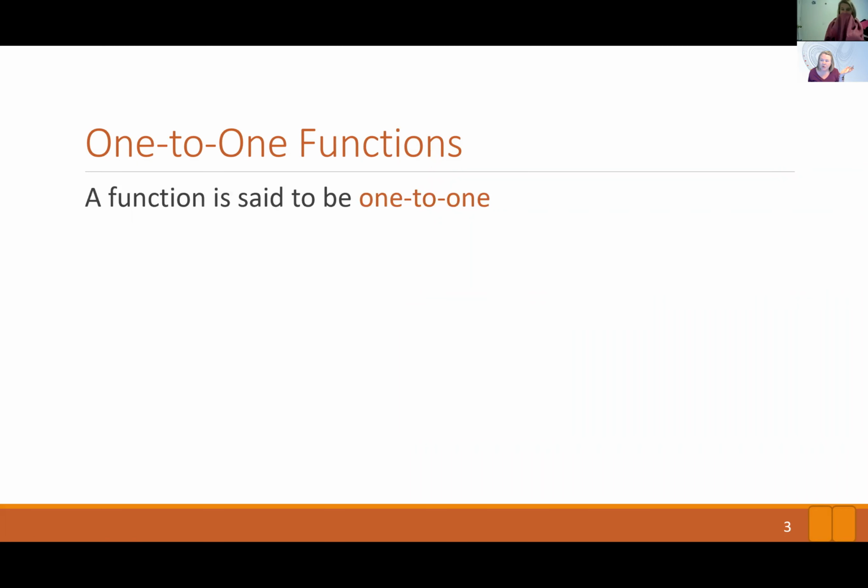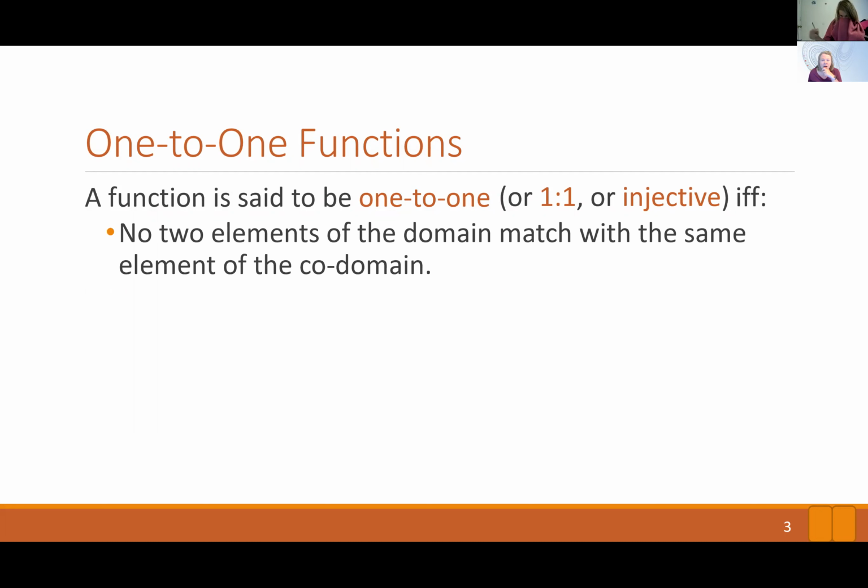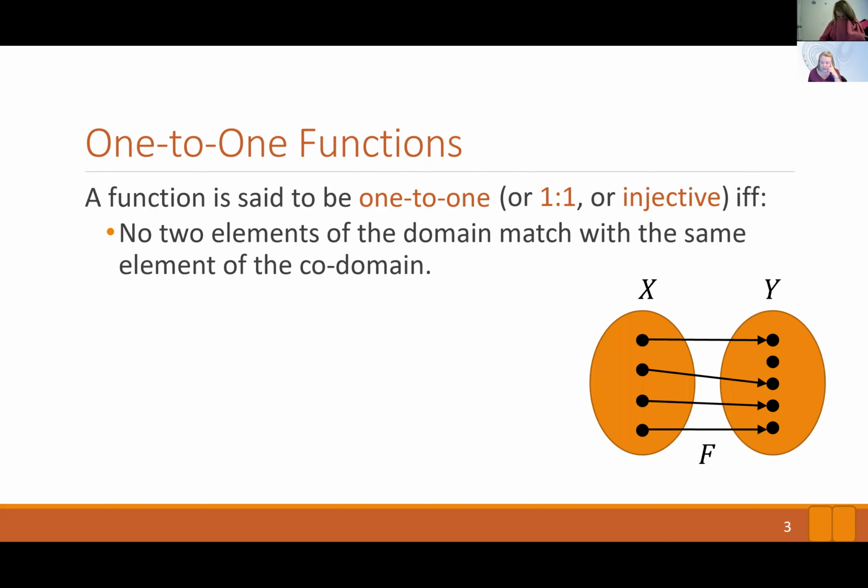one-to-one functions. A function is said to be one-to-one, or sometimes we use 1:1, or we say injective. In higher level mathematics, we tend to use the word injective. So a function is injective if and only if no two elements of the domain match with the same element of the codomain. In this diagram, we have a possible function.